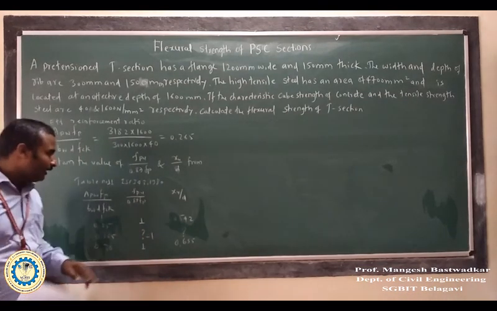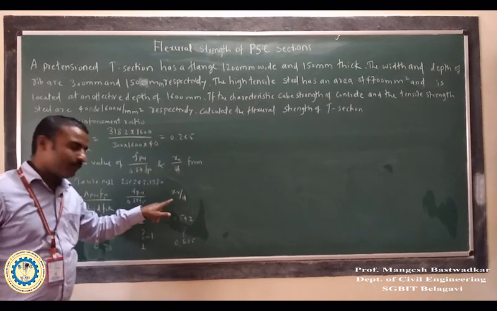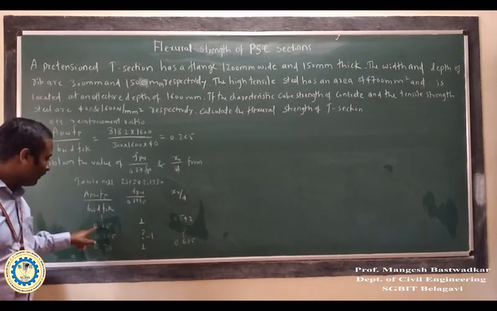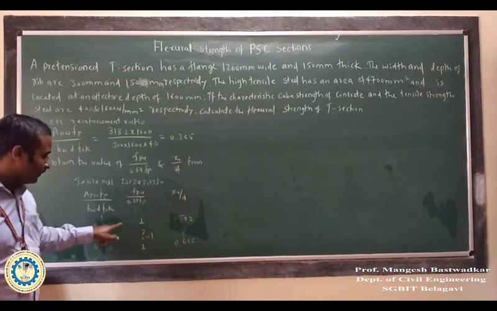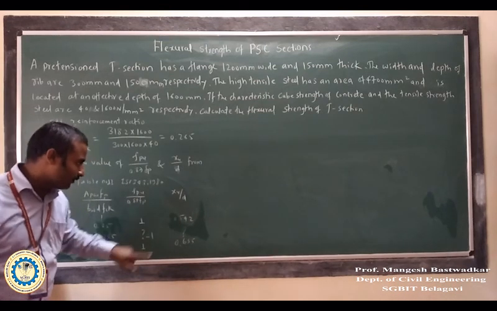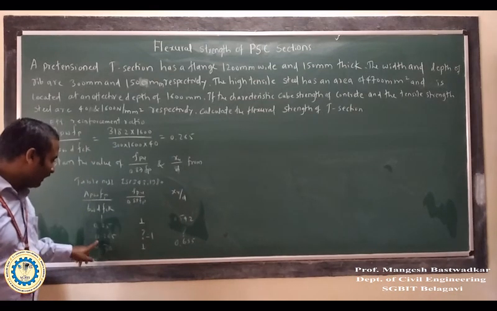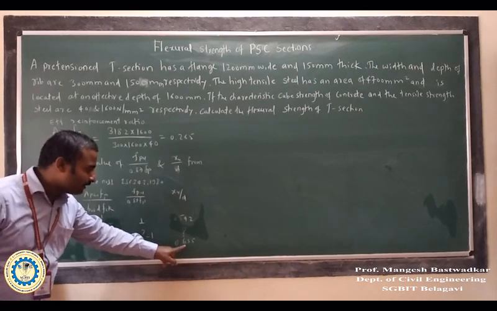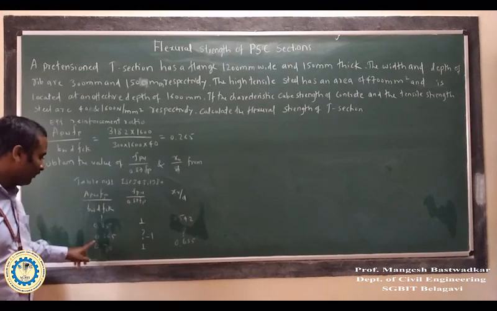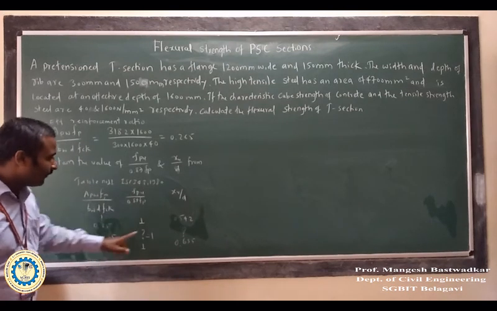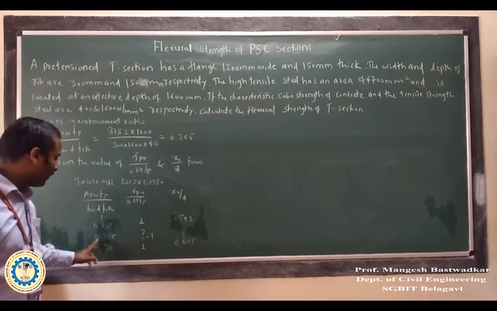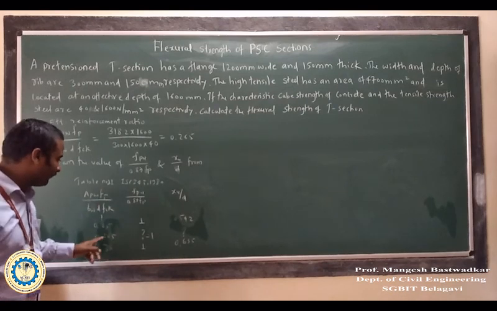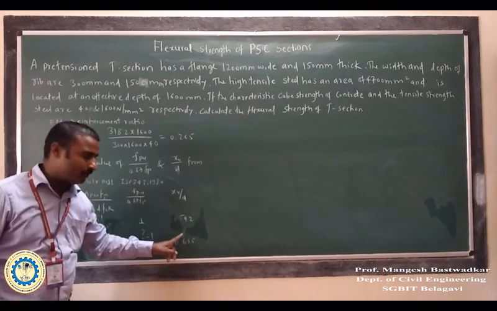Then XU by D from table number 11 for 0.25 effective reinforcement ratio is 0.542, and for 0.30 the value is 0.655. We need to calculate the value of XU by D for 0.265 effective reinforcement ratio.